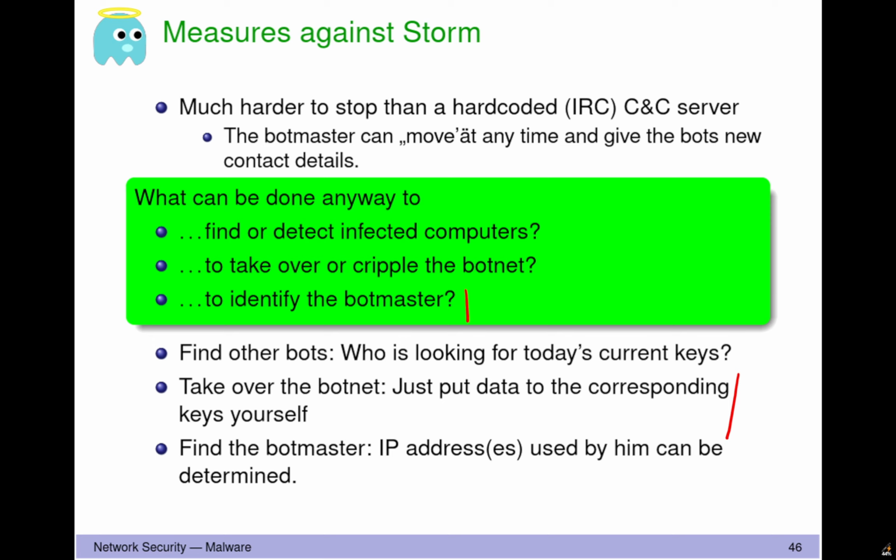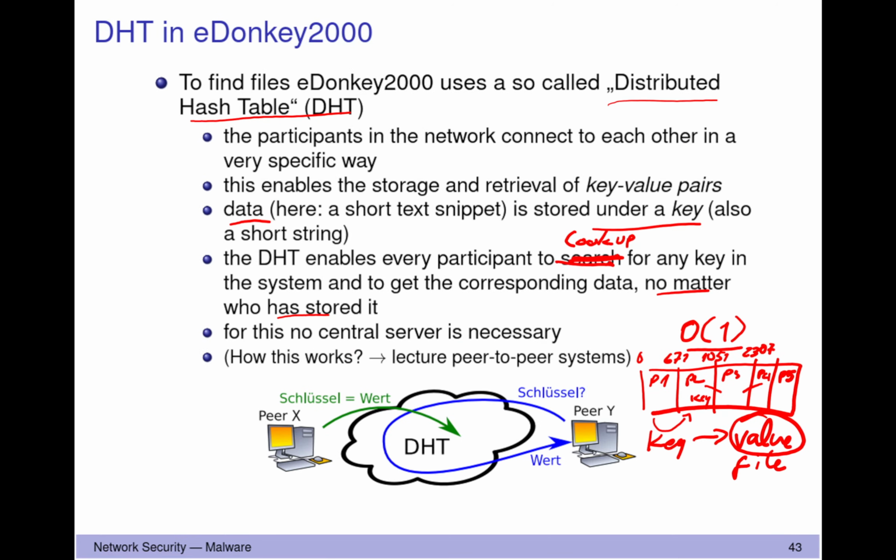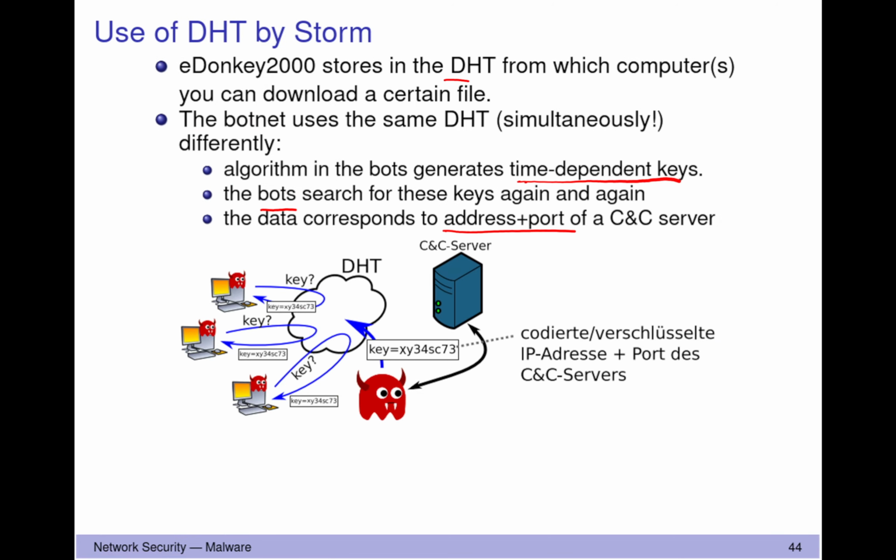How do you identify the bot master? Let's have a look at who the bot master is communicating to. The bot master is also placing its data at one of the machines in this distributed hash table.